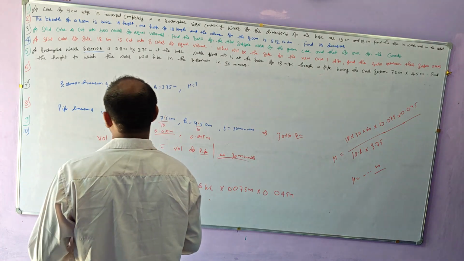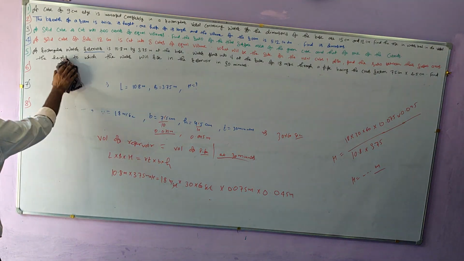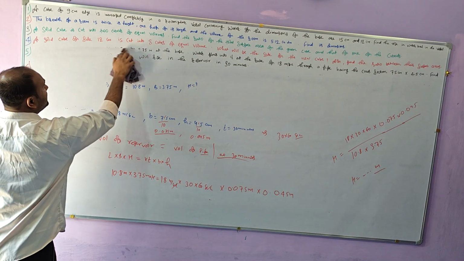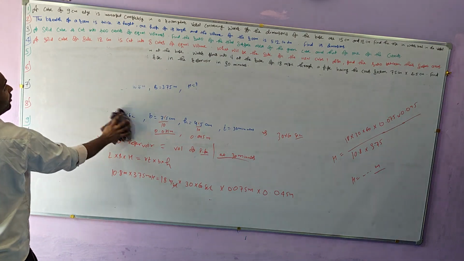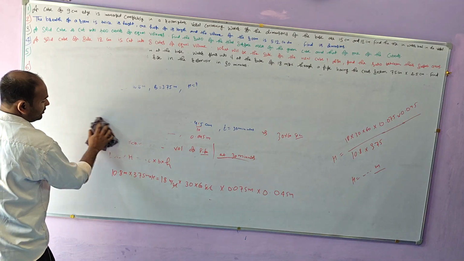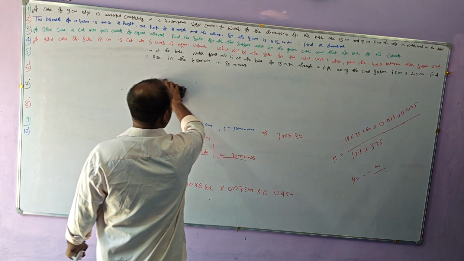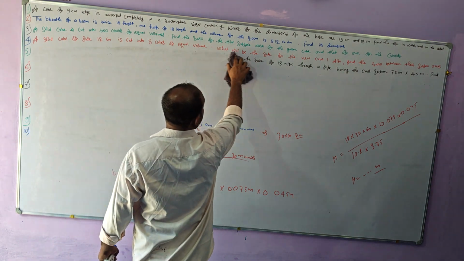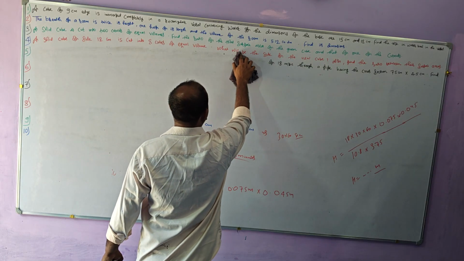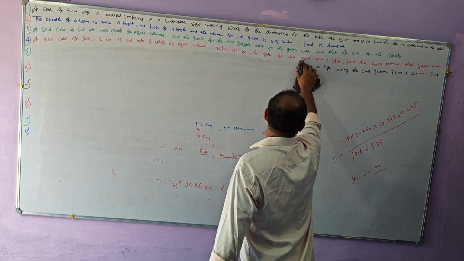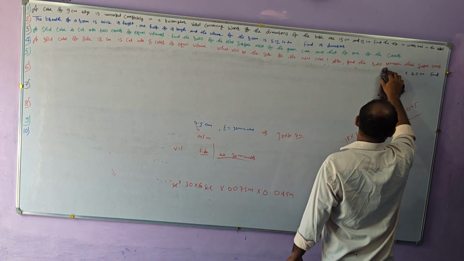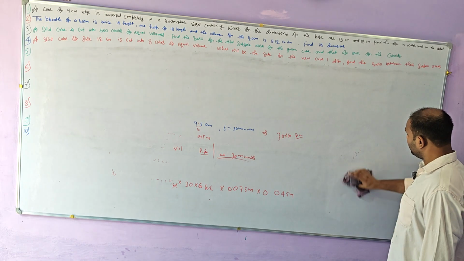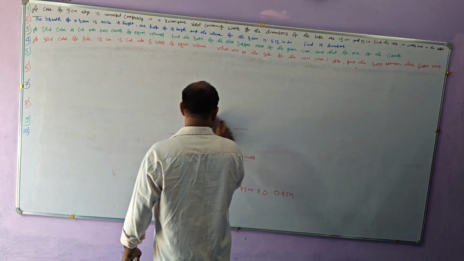So now in another question, a solid cube of side 12 centimeter is cut into 8 cubes of an equal volume. What will be the side of the new cube? Also find the ratio between their surface area.